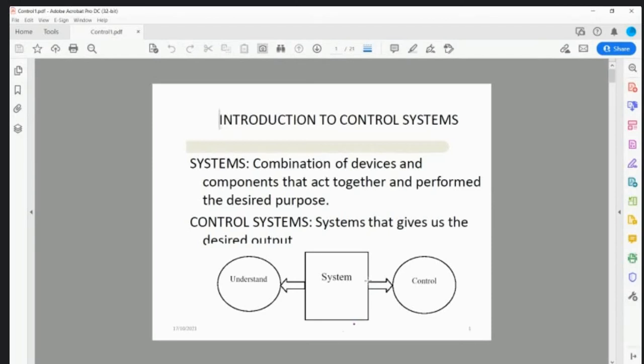Okay, because we know that there are many components in a system. Okay, so we need to select appropriate components that allow us to control the system, which will eventually allow the system to give us the desired output.